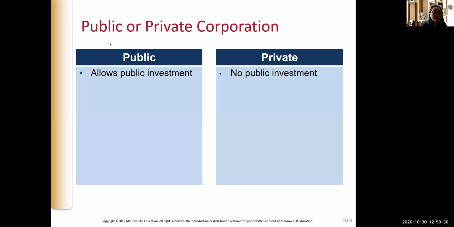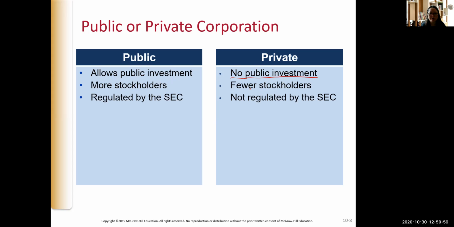Okay, so there's a difference between public and private corporations. First of all, public firms allow public investment, and private firms do not collect or gather public investment. And of course, if you allow public investment, you will have a lot more stockholders, and a private company usually has a few stockholders.